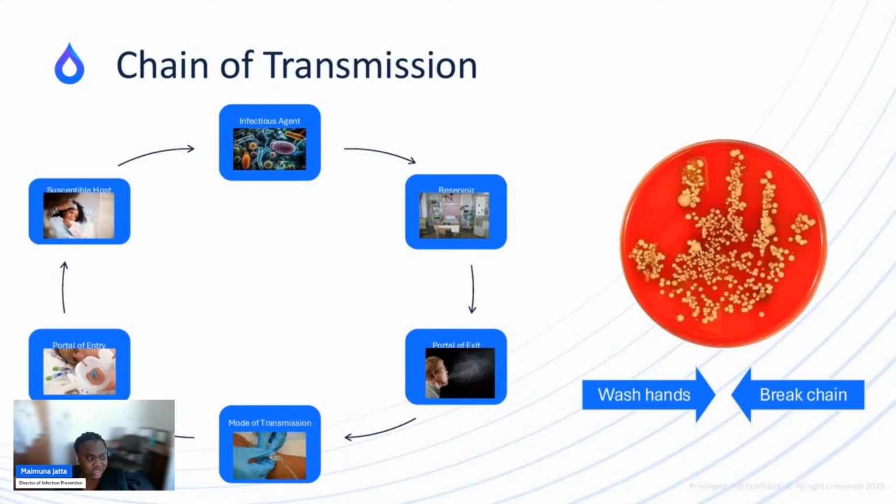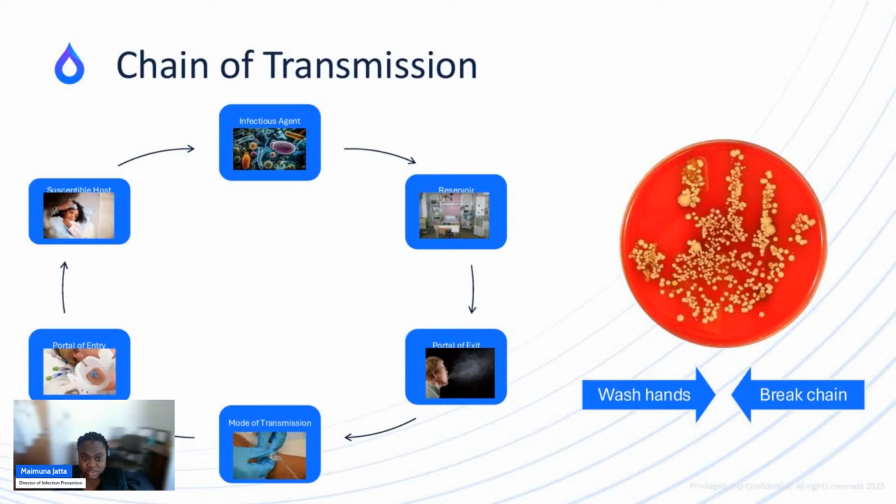So things to consider would be aseptic technique with device insertions, as well as maintenance bundles, and making sure that we're compliant. Hand hygiene is a very important step in that as well. And then it comes down to the individual, so we don't stop the transmission all the way to the portal of entry.